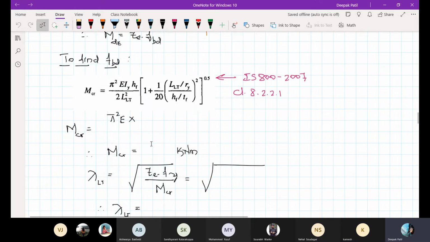Now let us substitute each and every value into this equation. It is pi square E multiplied by Iy, which is the moment of inertia along the minor axis.